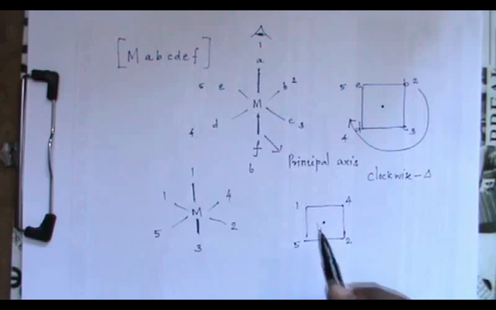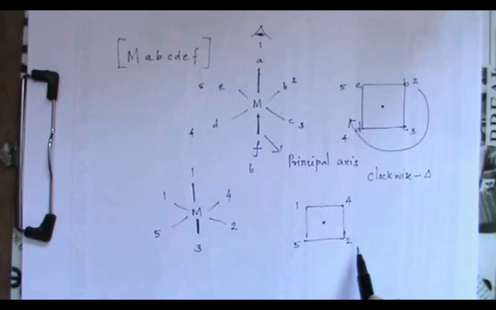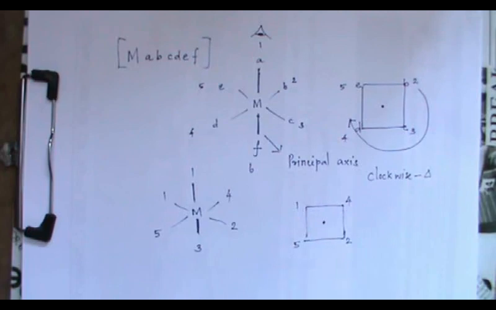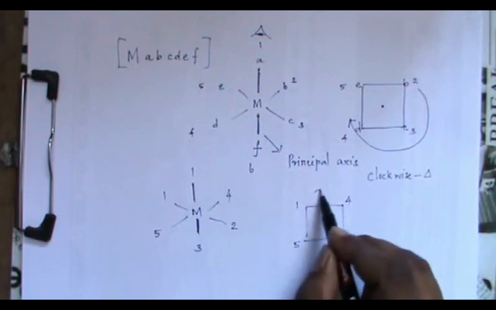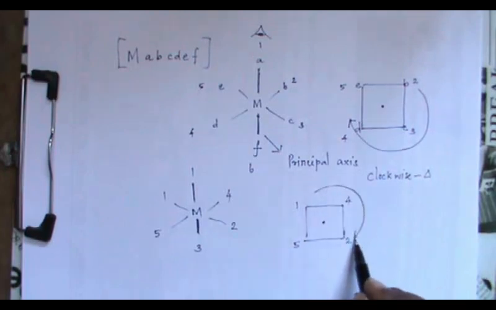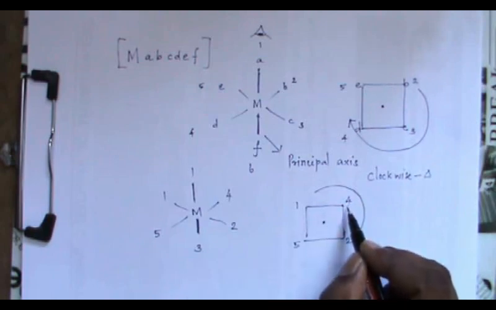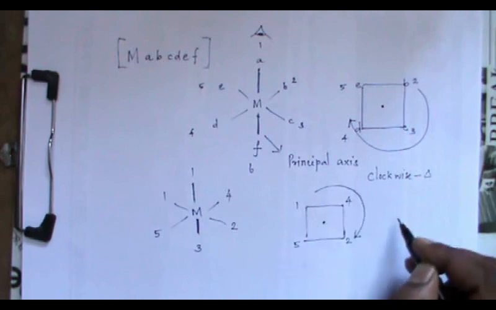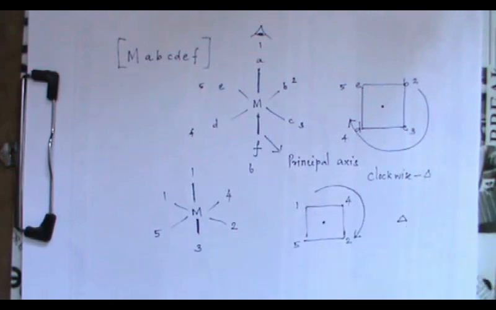Now I have to start from 1 and I have to go to 2. I have to connect the priorities. I start from 1 and go to 2. Here I have 4. The other side I have 5. Which route I have to take? I have to take this route because this has the lowest priority. So I have to follow this route, and it is clockwise and it is down.